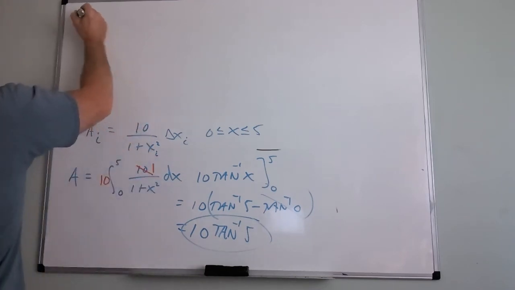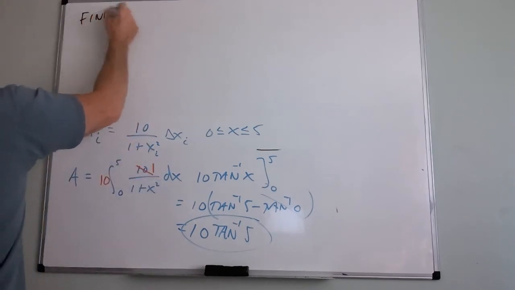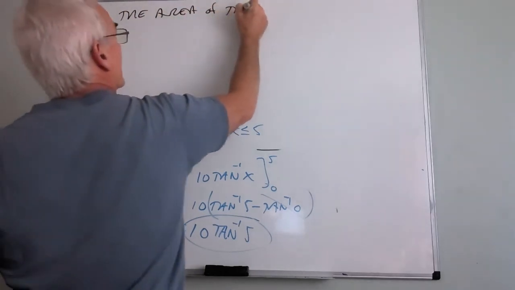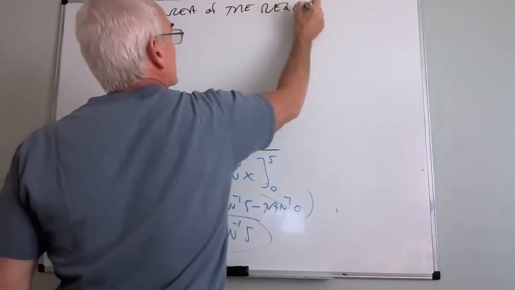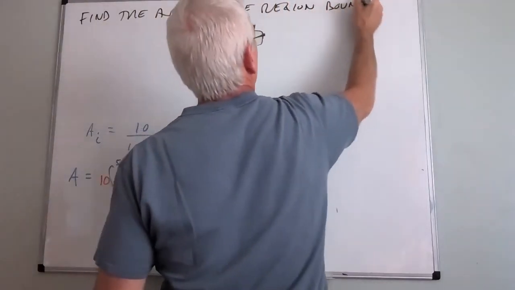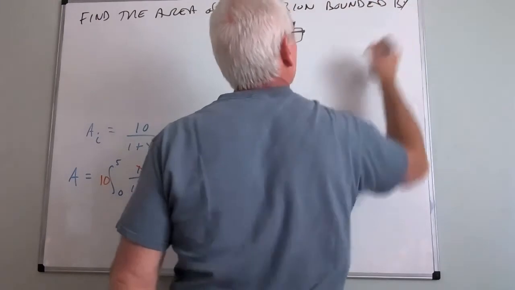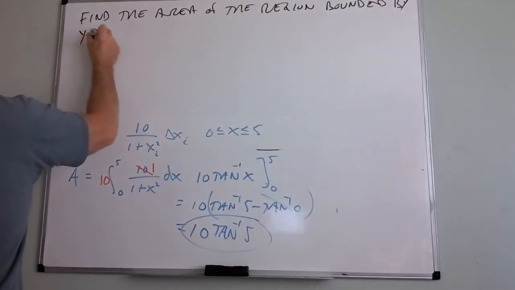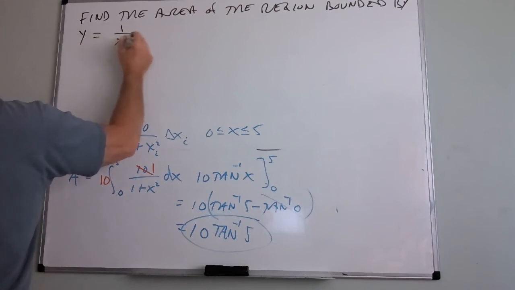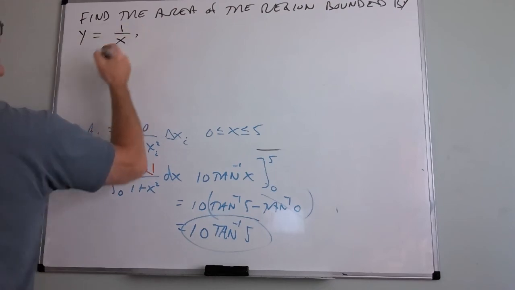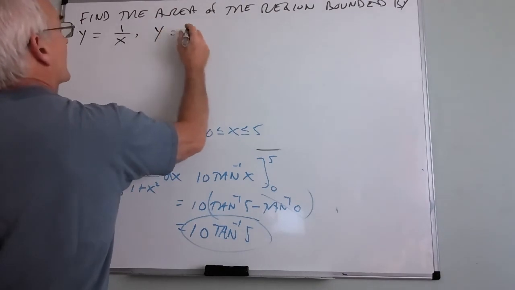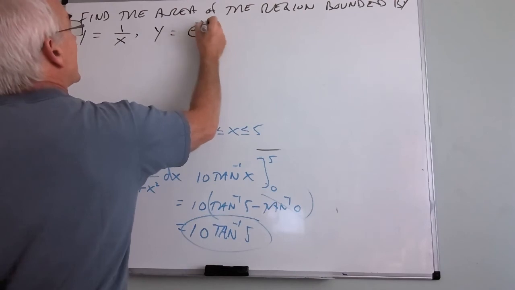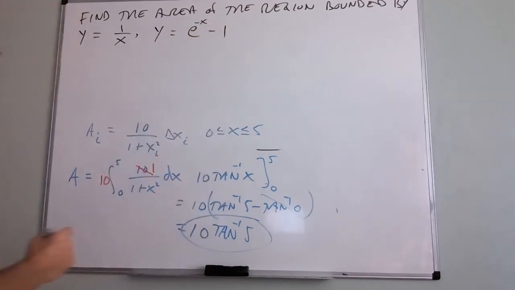Let's do find the area of the region bounded by y equals 1 over x, y equals e to the negative x minus 1.